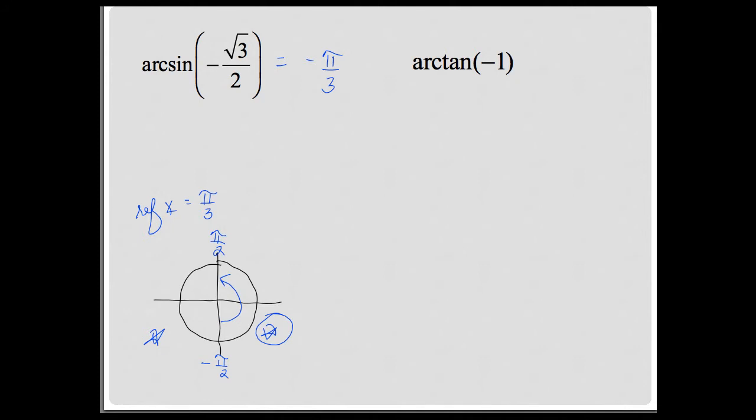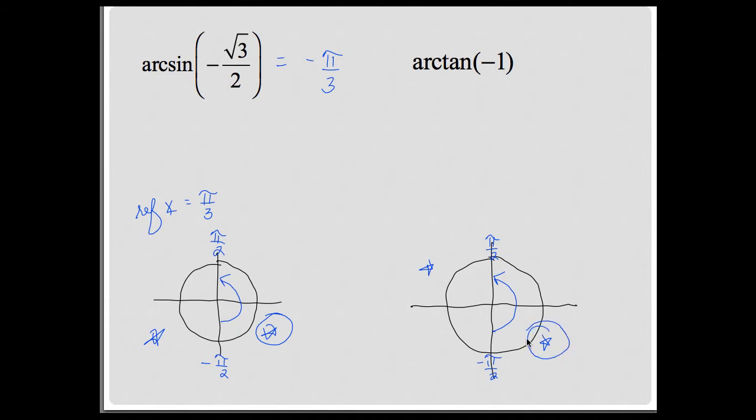All right, how about arctangent of negative 1? Remember, hopefully you do have your tangent values memorized because it does help. All right, so let's think about tangent being negative in the second quadrant and fourth quadrant, but the restricted range, remember, goes from negative pi over 2 to positive pi over 2.